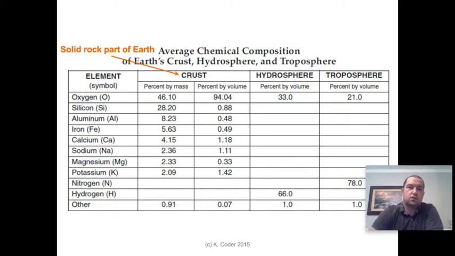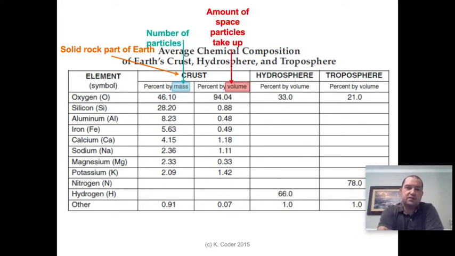So the crust is our solid part of Earth. Remember, another name for the crust could be the lithosphere. It's broken down by element, and then it's by mass and by volume. Now, mass is the number of particles that it contains, while volume represents the amount of space it takes up.